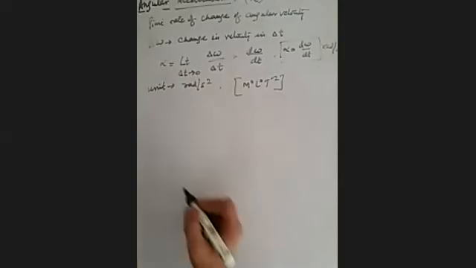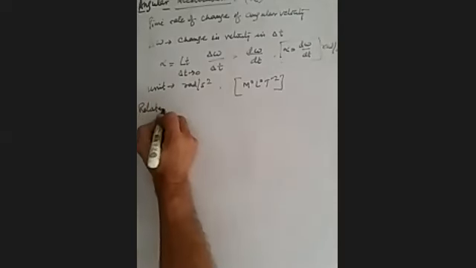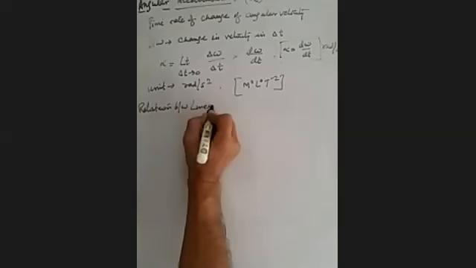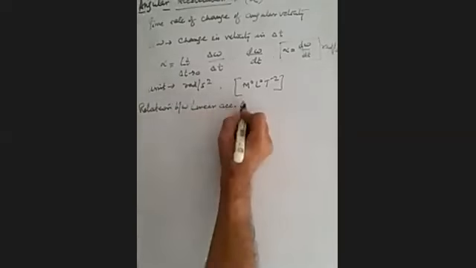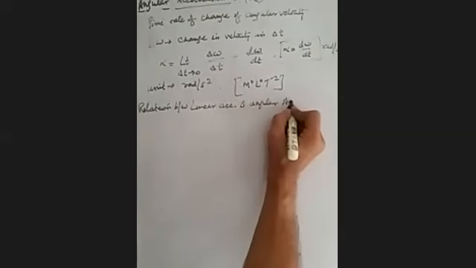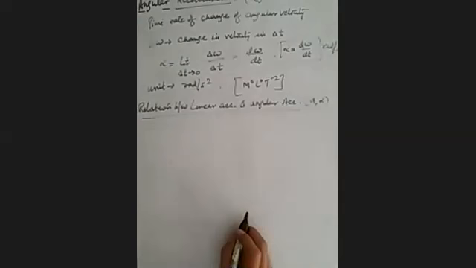Now, relation between linear acceleration and angular acceleration, that is A and alpha. So A is linear acceleration, alpha is angular acceleration.